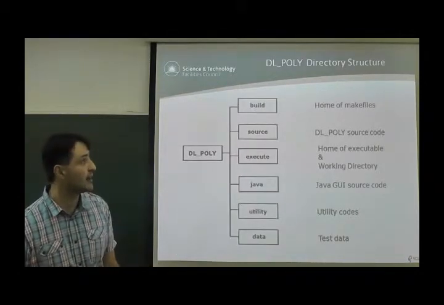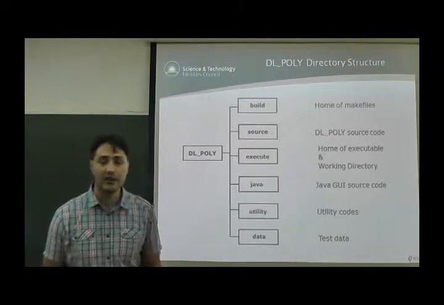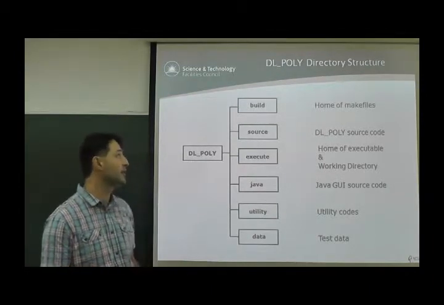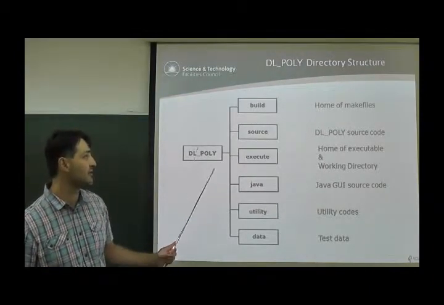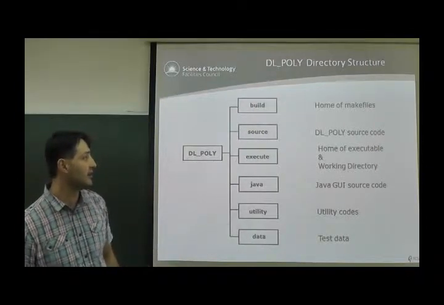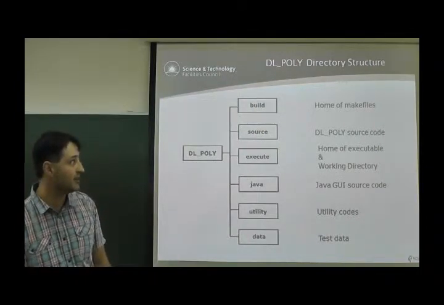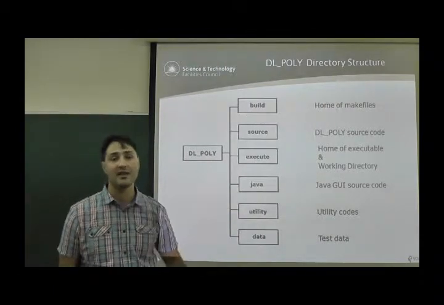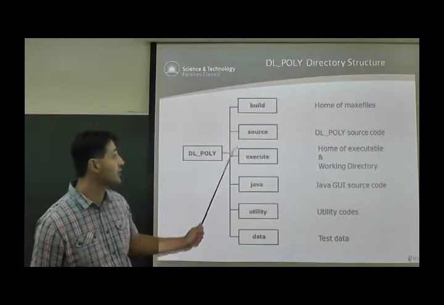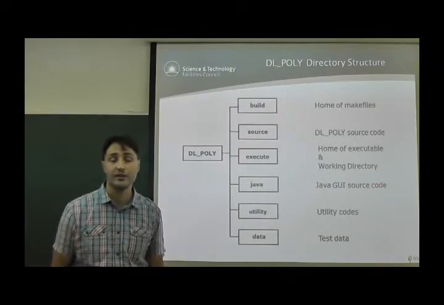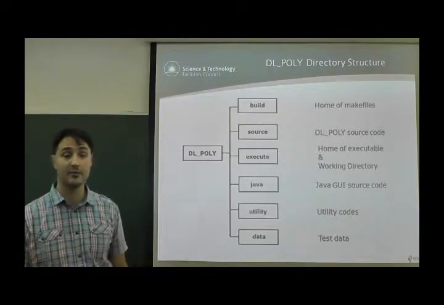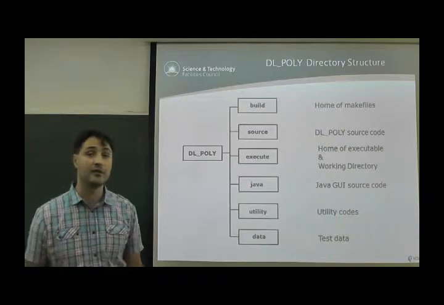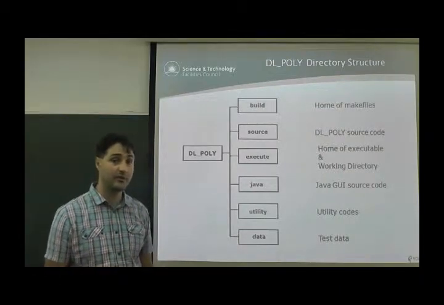So if you unpack any of the DL_POLY packages, you will come across a Unix-like structure that is more or less the same for the two packages. There are a number of directories: the build one, which contains the makefiles, and the source one that contains the source. For DL_POLY Classic you'll have the DL_POLY source, and for DL_POLY 4 you will have the DL_POLY 4 source.